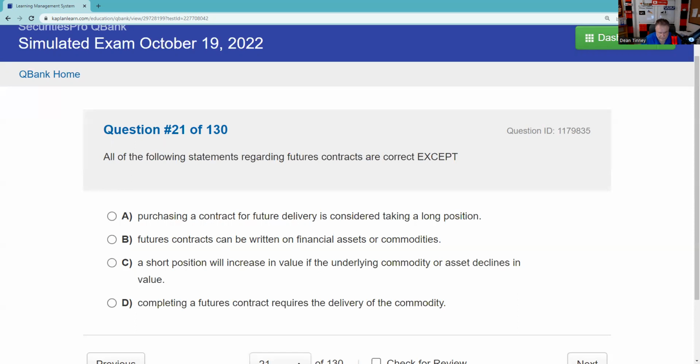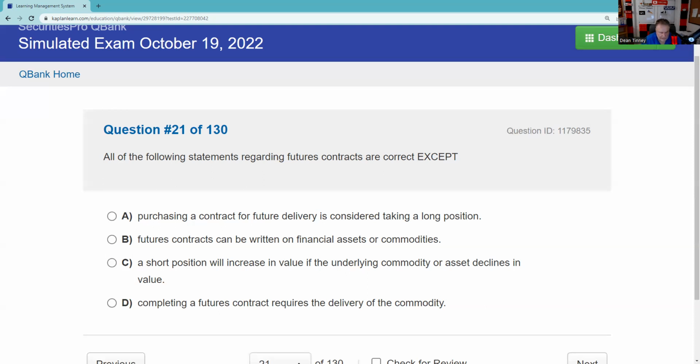So purchasing means you're going long, and that means you think the price of the futures is going up. So A is true. Futures contracts can be written on financial assets or commodities. Indeed, we have futures on agricultural products like corn and soybeans, and financial things like the S&P 500. That's true. A short position will increase if the underlying commodity or asset declines in value.